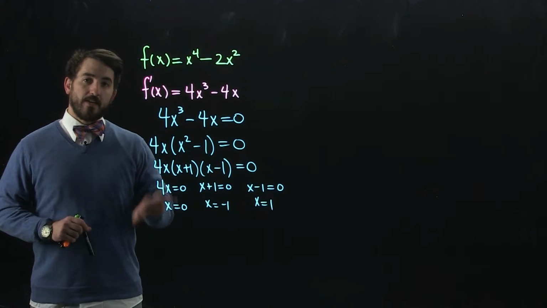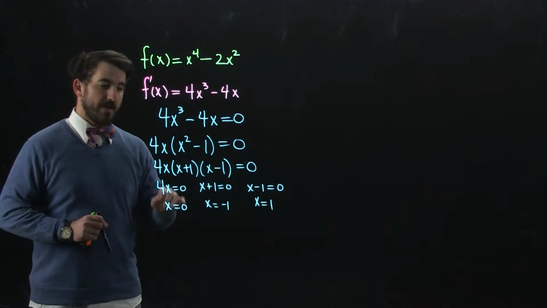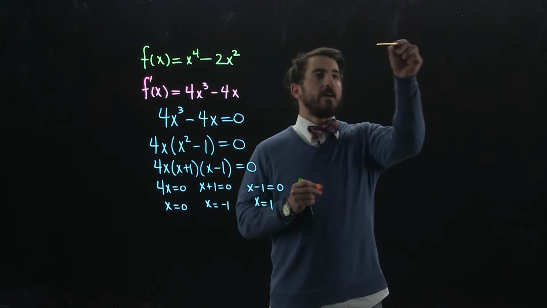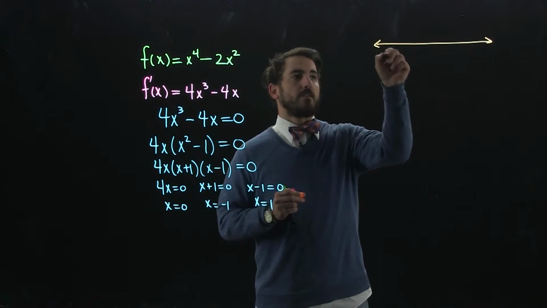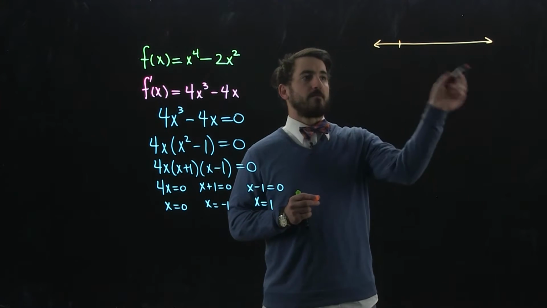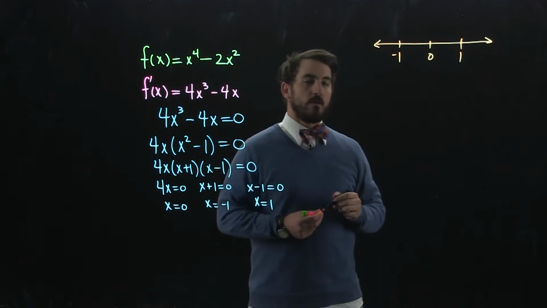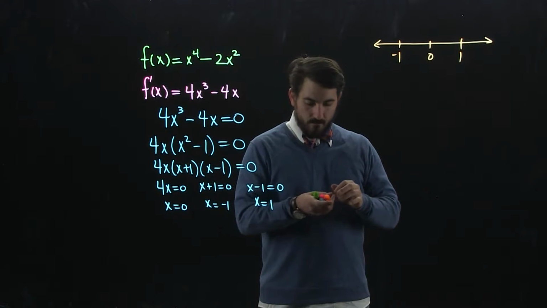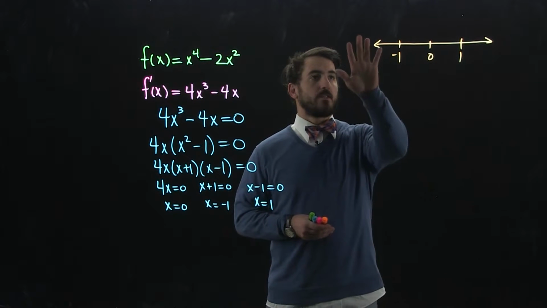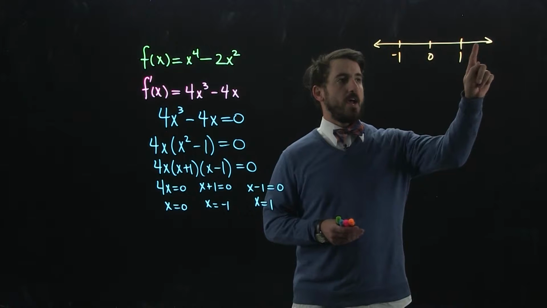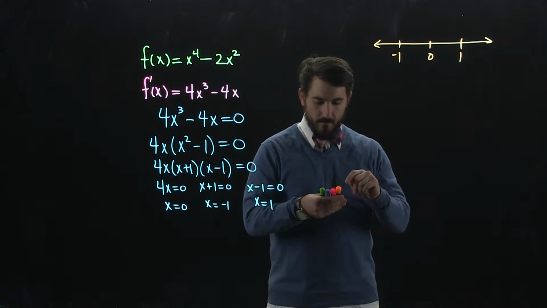So now that I have my three critical numbers, 0, -1, and 1, I'm going to put them on a real number line and test points in between each one of the critical numbers and the left and right extremes, 0 and 1. Now, we are going to test points to the left of -1, between -1 and 0, 0 and 1, and 1 to infinity.